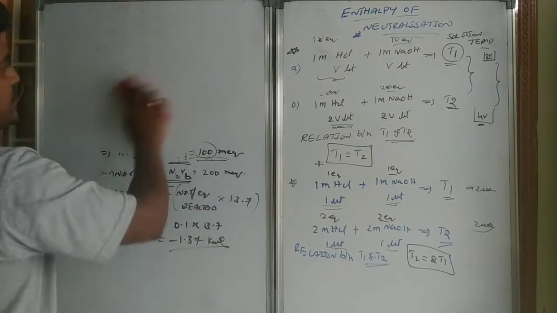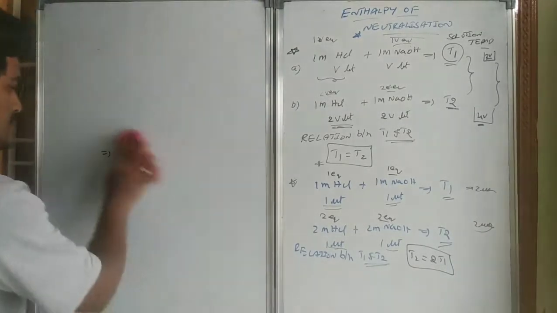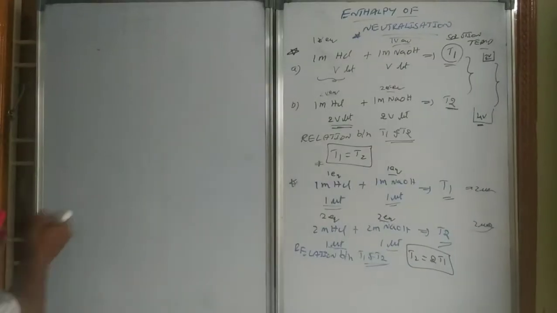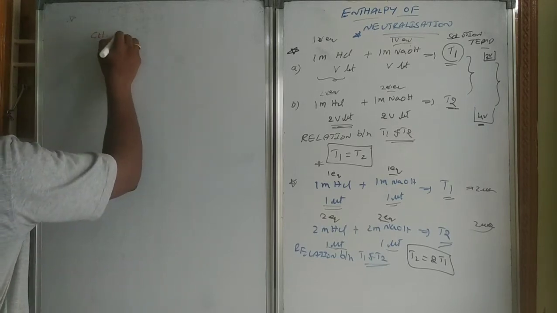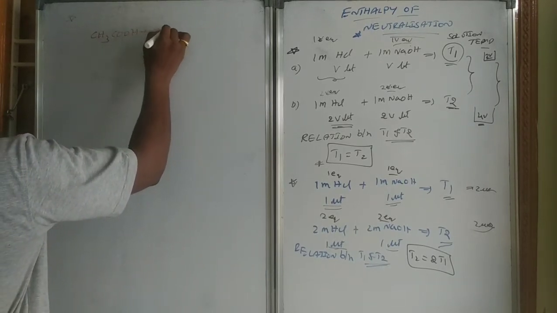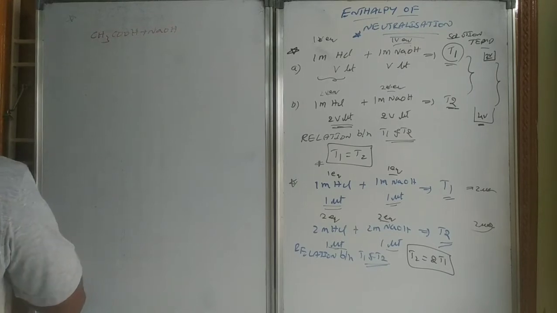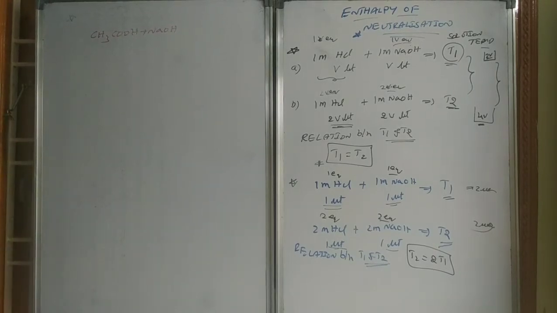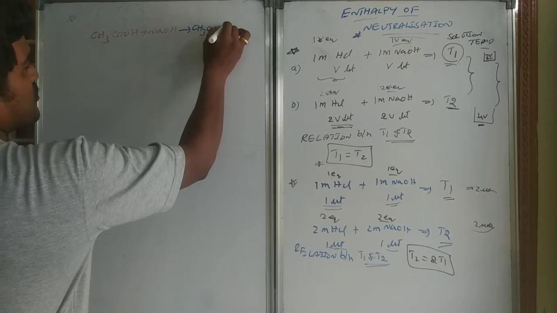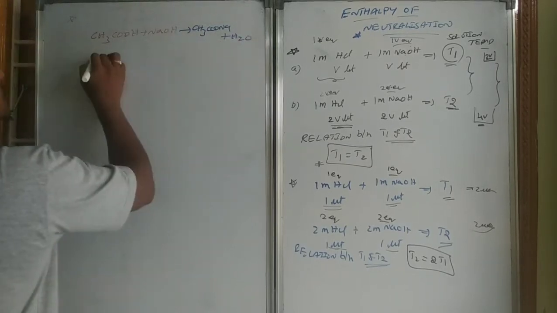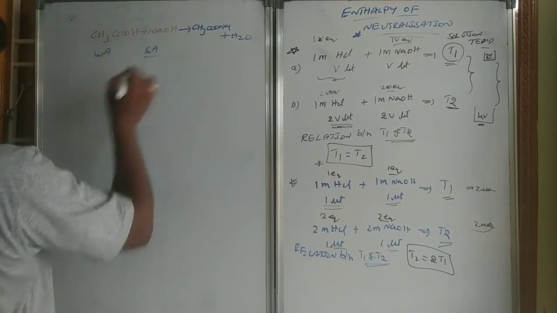Listen to this carefully. This is a very important thing in the case of weak acids for Mains level. Whenever you take any weak acid like CH3COOH plus NaOH, it gives CH3COONa plus H2O, weak acid, strong base.